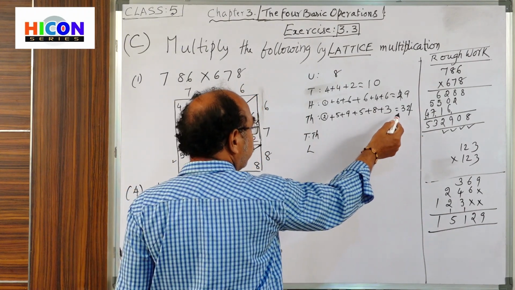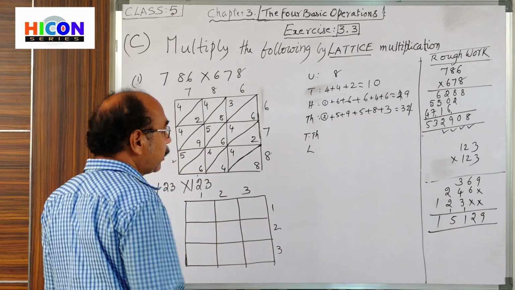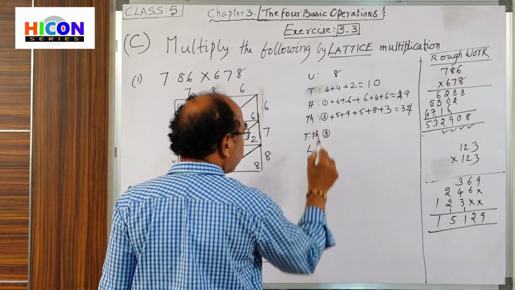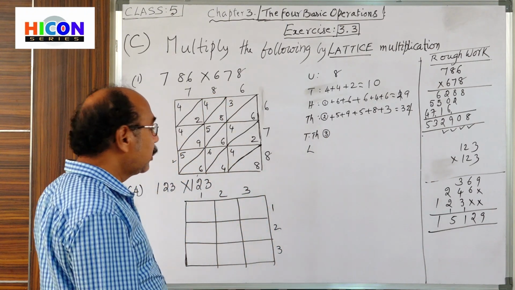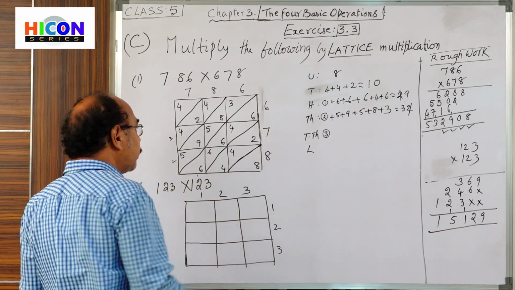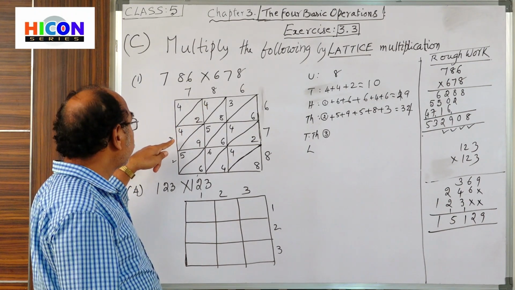Next, 3 should be carried. So here 3 is going to the other diagonal. That's why here 3 should be carried.